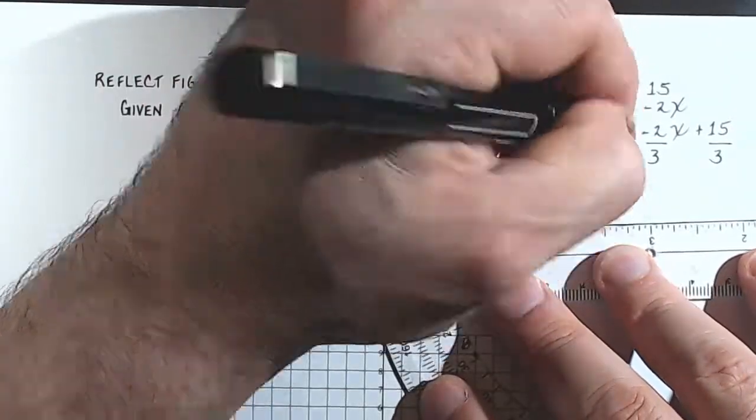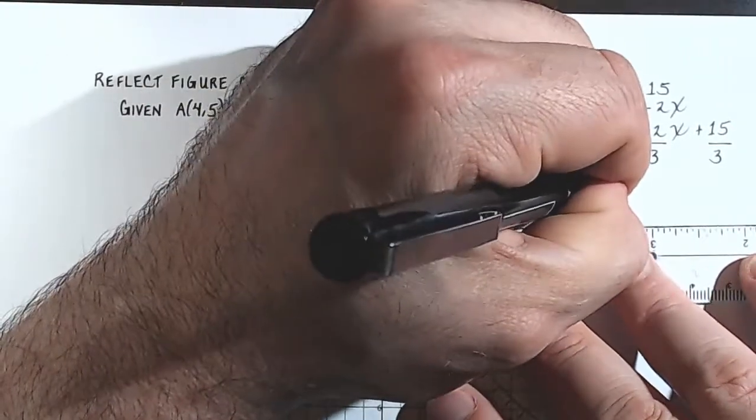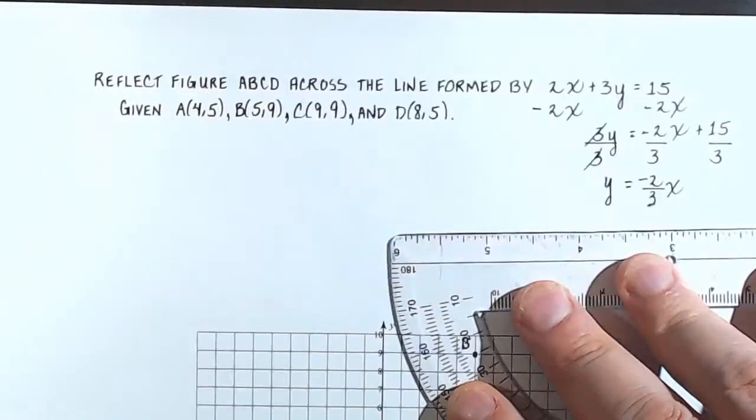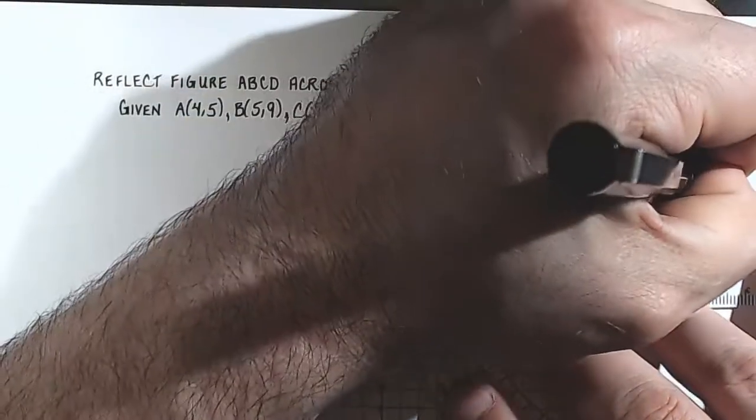And these 3's cancel here, giving me y by itself. So y is equal to negative 2/3 x plus 15 over 3 is 5, plus 5.